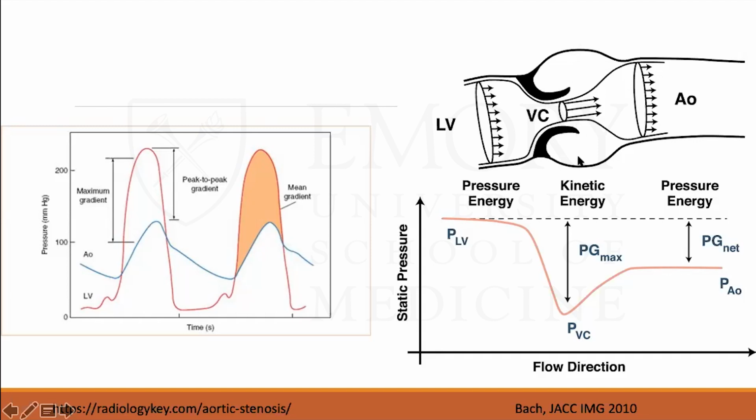But what's interesting is at this point, there's a pressure drop, and that's due to changes in kinetic energy and heat and things like that. So when the velocity is high right here, you also have the lowest pressure. That's what you can measure by echo with your CW Doppler, and that's why you're measuring the maximal difference in pressure.